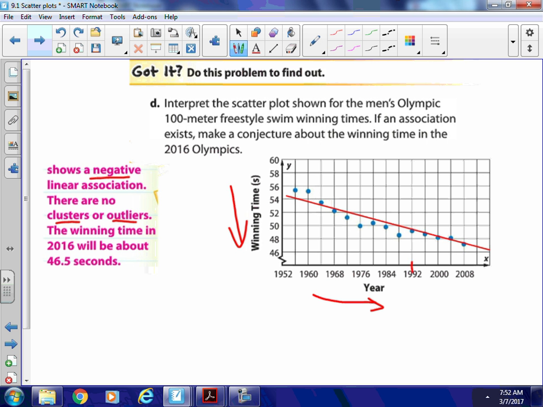If this is 1992, and this is 2000, this is 2008, so 2016 would hit right about here. How high is that? Well, the book said they had it at about 46.5. I'm okay with that, and that would be the winning time.